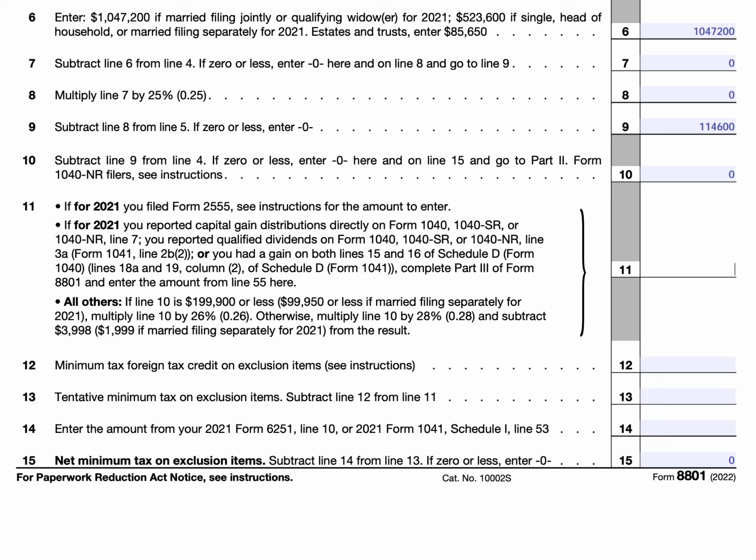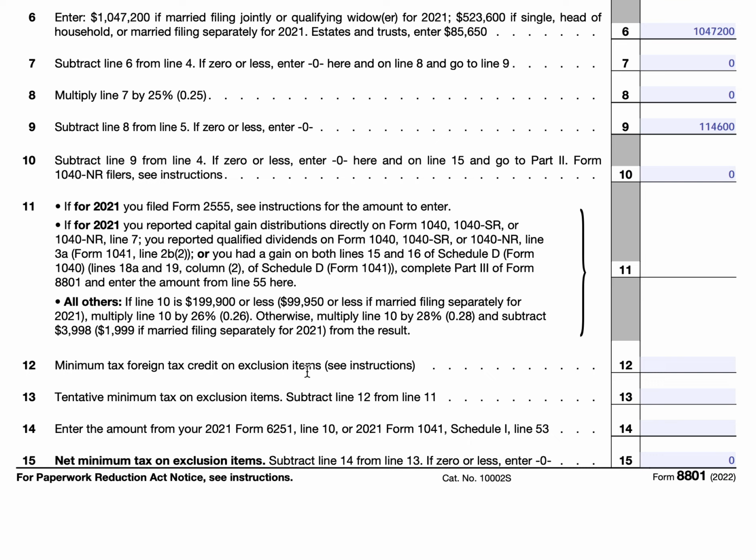As I mentioned, we don't have to do that, so we won't in this situation. But whatever the number is for line 11, you would enter in line 12 foreign tax credit on exclusion items.